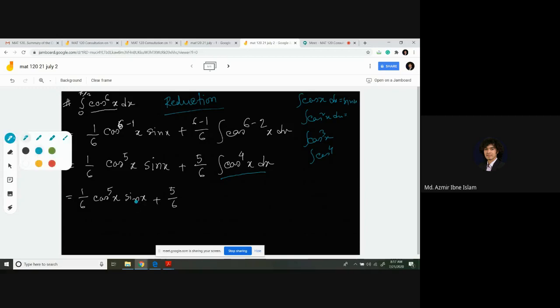So again the same formula will be applied. Here we have 1 over n, that means 1 over 4 cosine 4 minus 1 x sine x plus 4 minus 1 over 4 cosine 4 minus 2 x dx. Is that okay, everyone? Yes, sir.